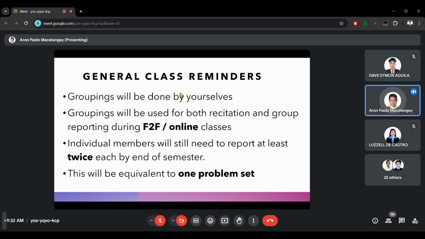If you have arranged with me a different schedule to attend, you should be in the Google Classroom or Facebook Messenger group chat of the class that you are attending, because your groupings will be based on that group, and you need to stick to that section until the end of the semester. So no transferring randomly of sections until the end of the semester because of the groupings. The groupings are fixed.